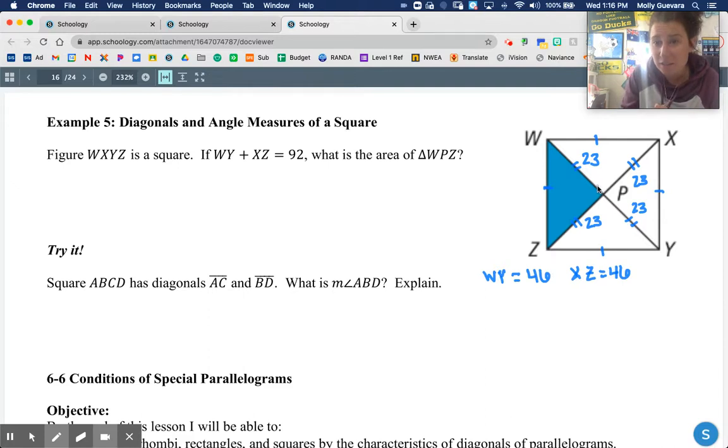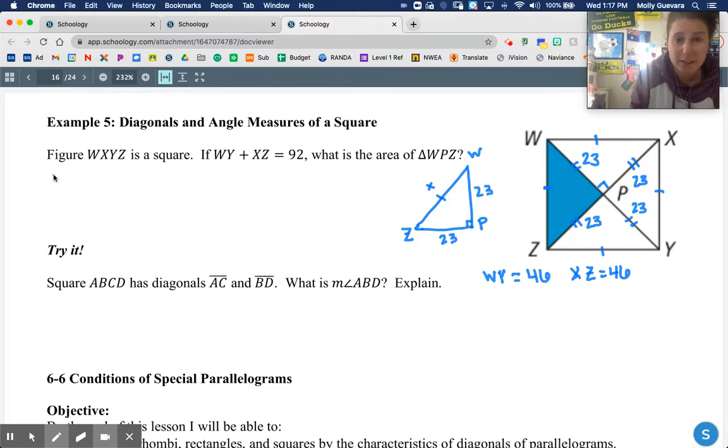Because this is a square, I know that these guys cross at 90. So I'm just going to take this blue triangle and I'm going to kind of rotate it slightly. So here's W, here's P, and here's Z. And this is what I'm trying to find here, X. And I know that WP is 23, and I know that ZP is 23. So again, I have a right triangle. I can use Pythagorean theorem.